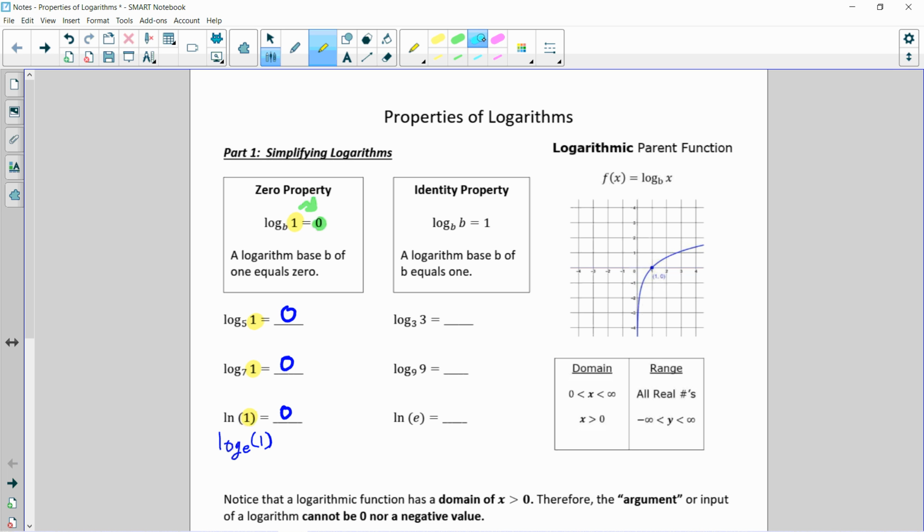Now the identity is a little bit different. So here notice that the base and what's inside the logarithm are the same. So therefore, the output is going to be 1. So if I put the same base into a logarithm, it gives me back 1. So notice here our bases are the same, our bases are the same.